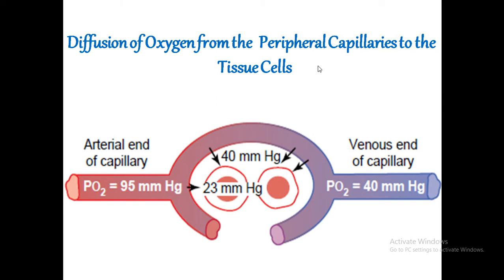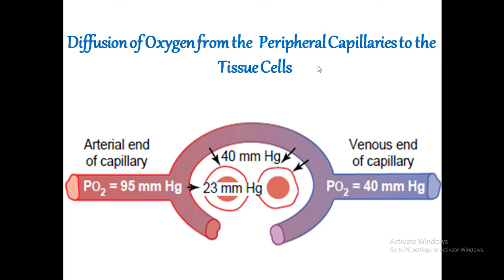So this is all about the transport of oxygen in the blood. But how? The next thing: what is the main specific thing which is carrying oxygen? That is, what is the role of hemoglobin?